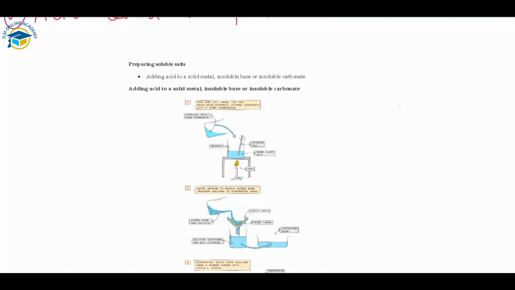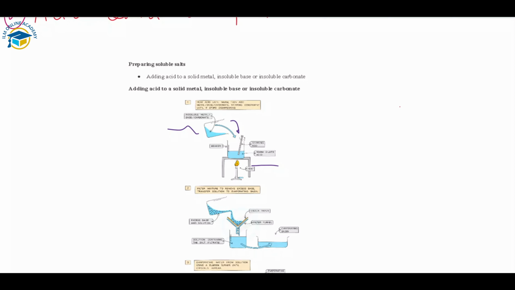We have warm dilute acid present in the beaker, and in that we have the stirring rod. Then add the insoluble metal or the base or the carbonate from the top. Heat the acid until warm, and then add the metal, base or carbonate, stirring constantly until it stops disappearing.